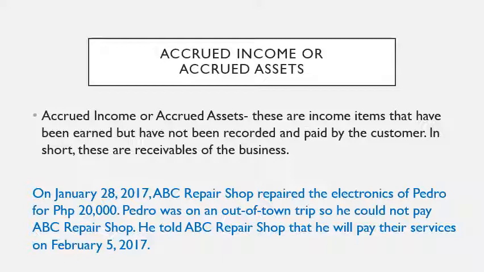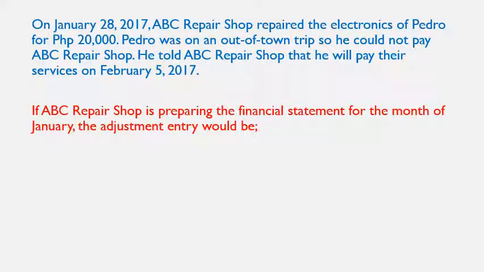So, analyze ulit natin. So, on January 28 daw, nag-repair daw ng electronic sa ABC Repair Shop kay Pedro ng worth 20,000. Ngayon, out of town daw si Pedro. Hindi niya mababayaran yung repair service. Babayaran niya pa yon on February 5. So, this will be our entry.